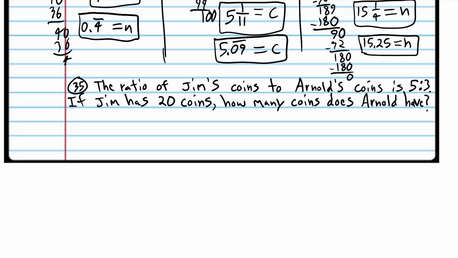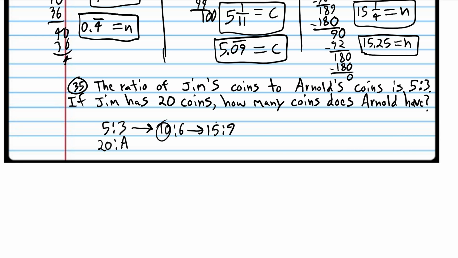So we know that the ratio of Jim's coins to Arnold's coins is 5:3, and we want Jim to have 20 coins. And we're looking for how many coins Arnold has. So what you can do is you can find equivalent ratios. You can multiply both those numbers by 2 to get 10 and 6, or you can multiply both these numbers by 3 to get 15 and 9, but we still don't have 20.